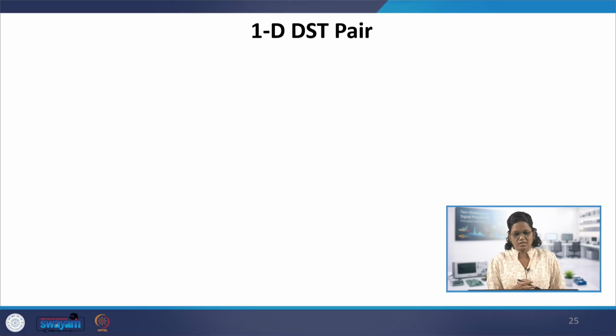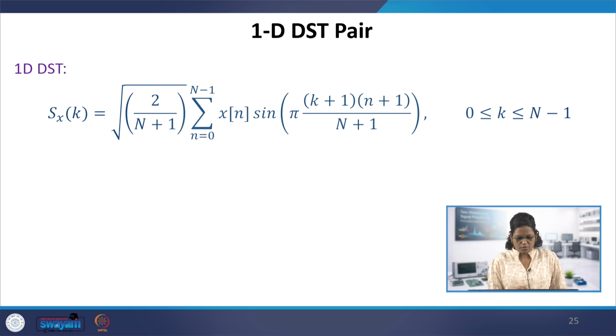So for 1D, in a similar fashion, the DST, so DCT and the DFT we had seen, what are the basis images. For the 1D DST pair, you know the equation of it, we had done the DST equation, and we have got the coefficients, and from those coefficients we have got the signal back.